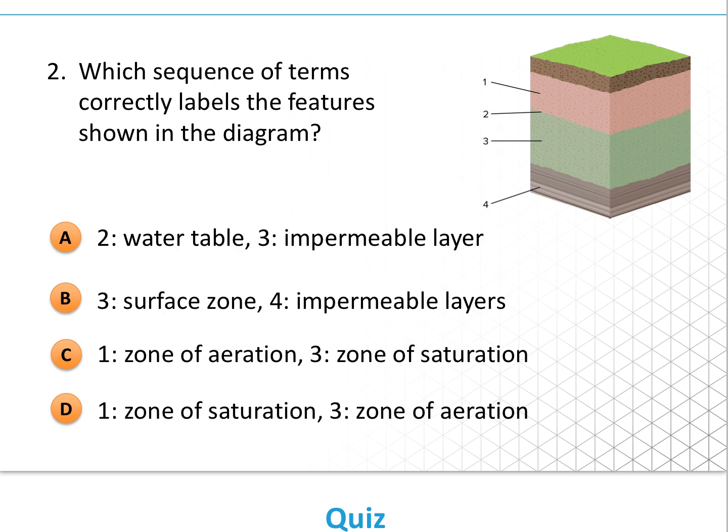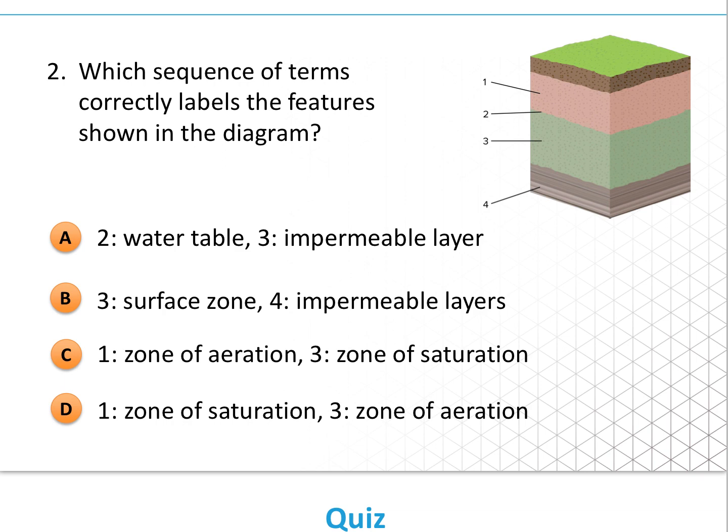Okay, here. Which sequence of terms correctly labels the features shown in the diagram? So over there we're seeing that we have the land surface, the grass, then we have an area where it doesn't look like there's much water, the top, or a boundary between the two.